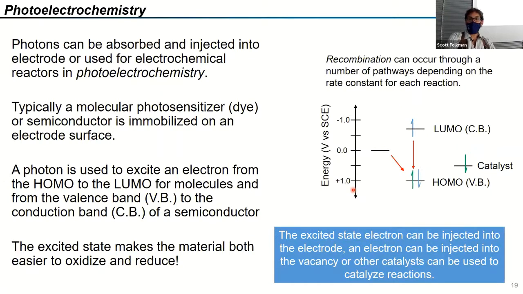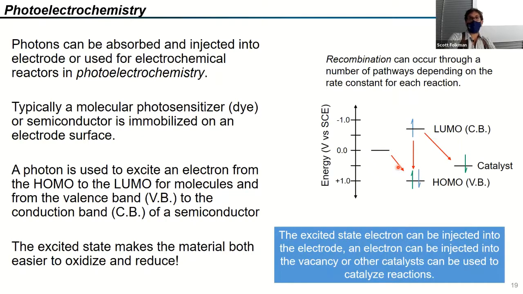And lastly, even if we have the successful electron transfer from the catalyst to the HOMO, there's still a possibility of an excited electron traveling to the catalyst. And so it all depends on the relative rate constants and energetics of the intermediates.